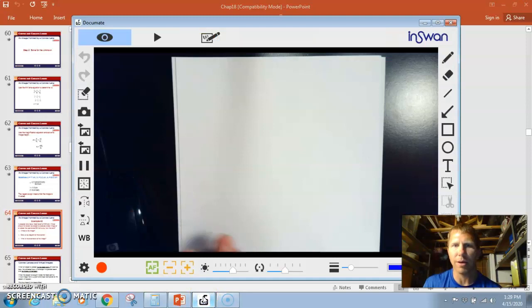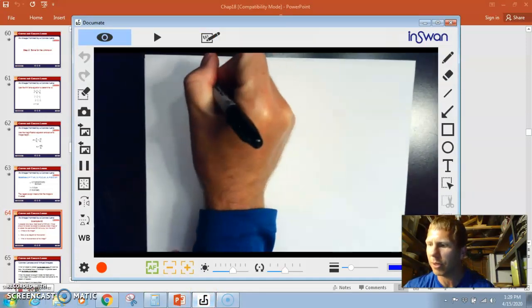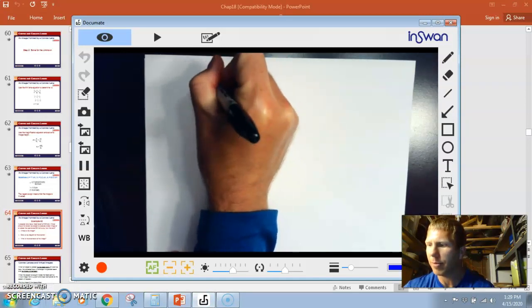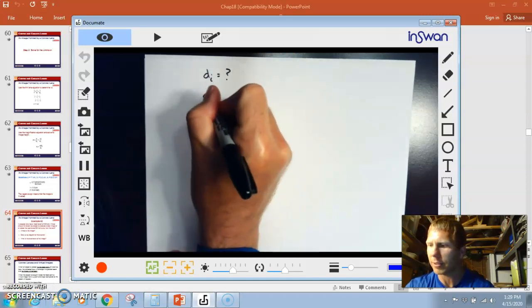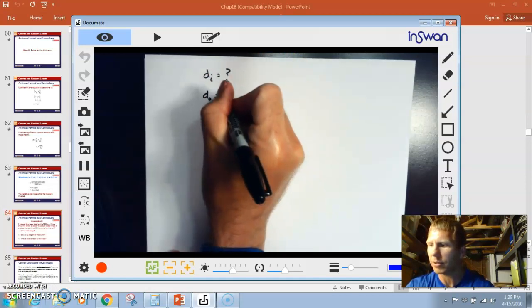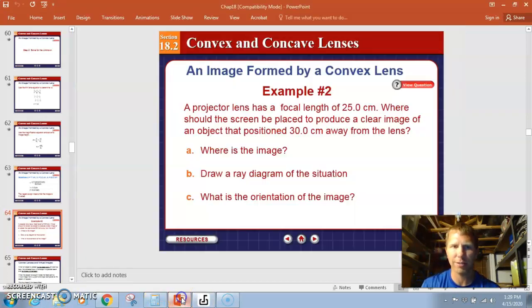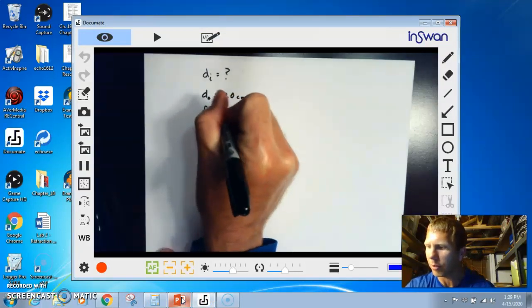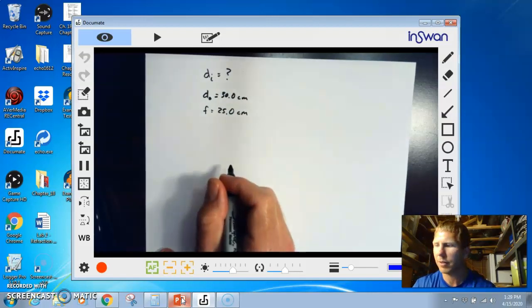Alright, so I'm going to flip over to here, and let's write down what we know. We know that distance image is what we're trying to find. Distance object was 30.0 centimeters. The focal length was 25.0 centimeters.